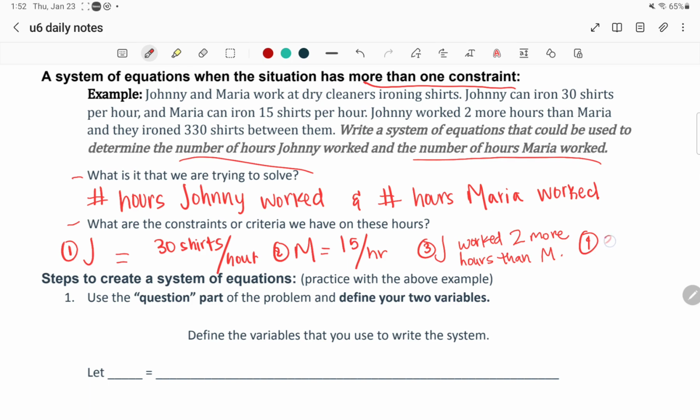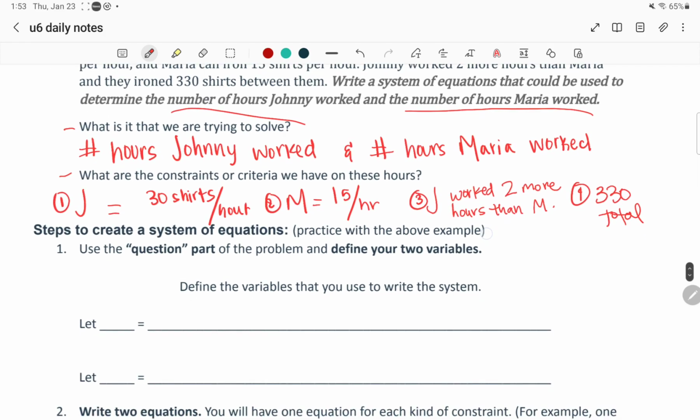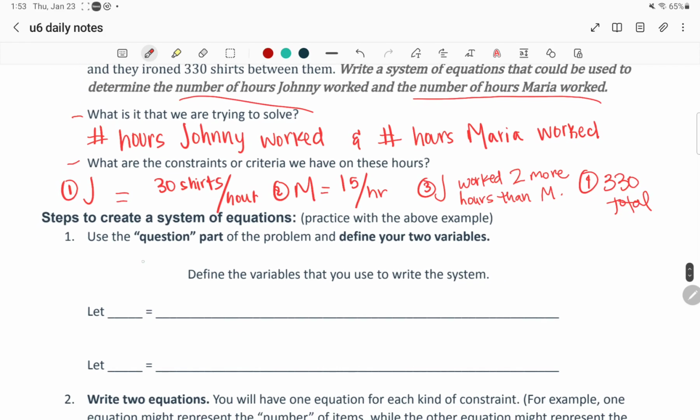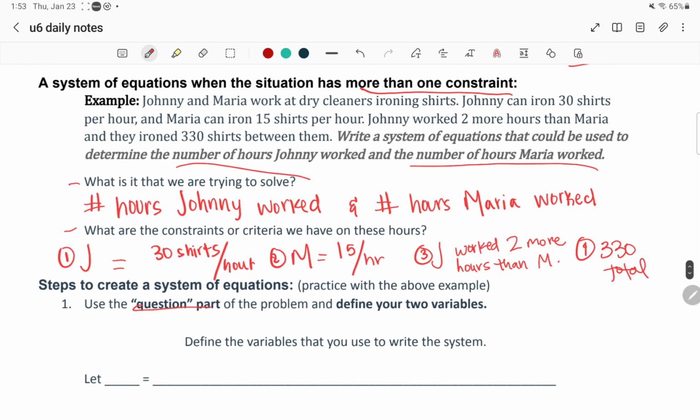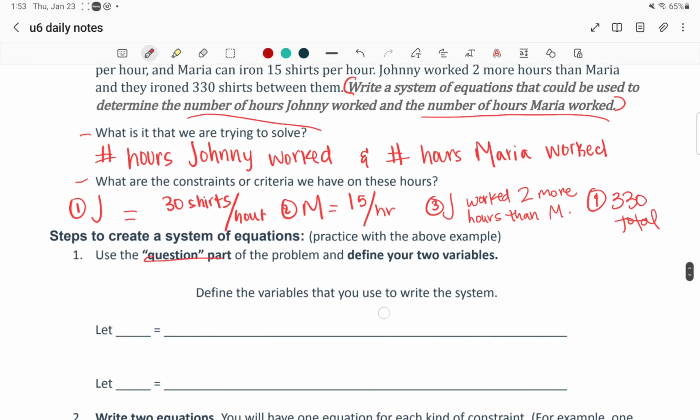They ironed 330 shirts total. Now we're going to use the question part of the problem. The question means what is it we're trying to do. The part I have bolded and italicized is always the question part. We're going to use that to define our variables.